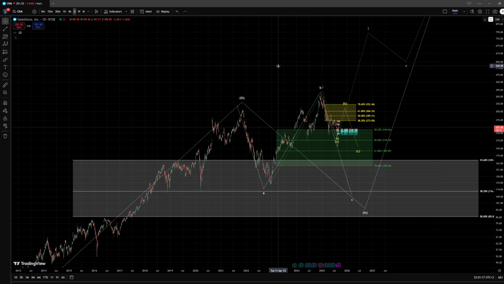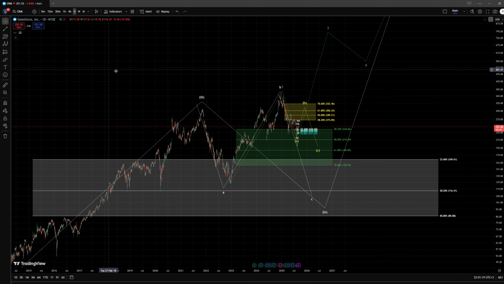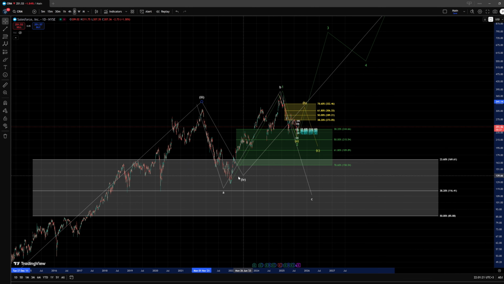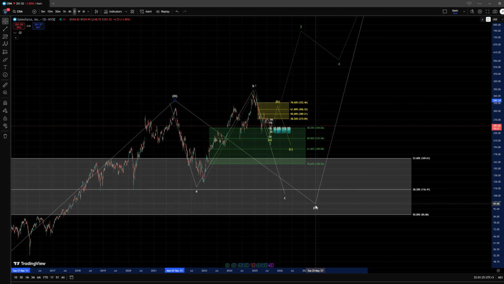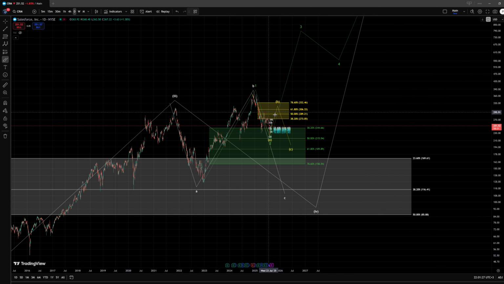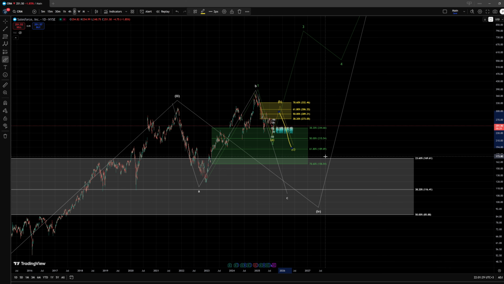So in the green interpretation, we would have had the fourth wave here, and then we would now be in the fifth wave, but still we are very likely to push further down within the support zone in both scenarios.